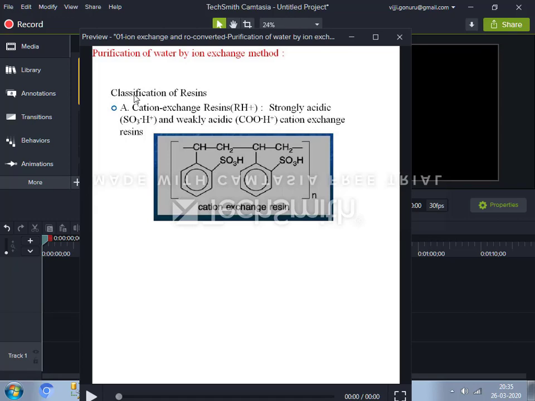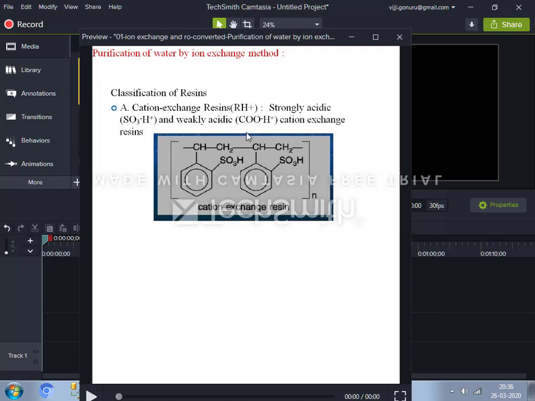Now let us see the classification of resins, or classification of polymers, in the ion exchange method. The first type is the cation exchange resin, denoted with RH+. Here the resin is bonded with H+. Based on strength, cation exchange resin is of two types: strongly acidic and weakly acidic.